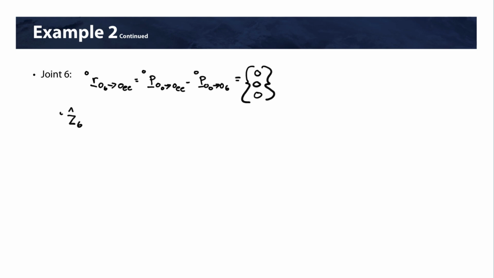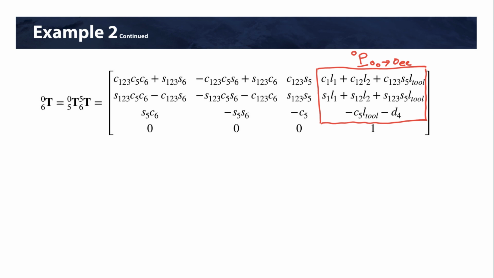Our cross product, all right, it's also going to be 0, but let's just write in Z6 so we have that information so we can complete our Jacobian. All right, so Z6 we get from T06.